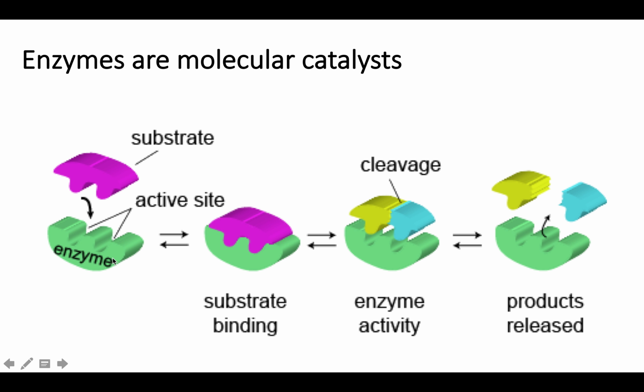So an enzyme binds to the substrate at the active site, and then the enzyme performs some action on it. In this case, it's breaking the substrate up through cleavage into two separate molecules, and then it releases them. But you could have this go in the opposite direction. You could have the blue and the yellow bind to the enzyme, and then the enzyme performs an action by causing them to bind together, and then releases it.